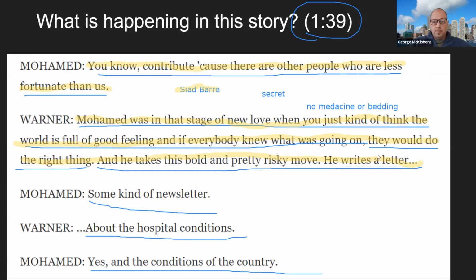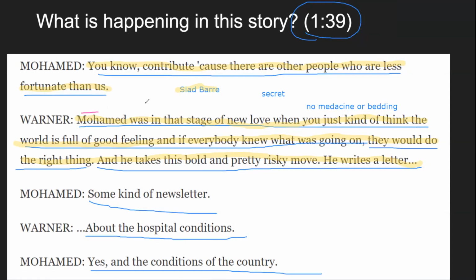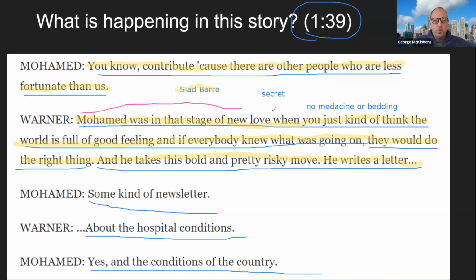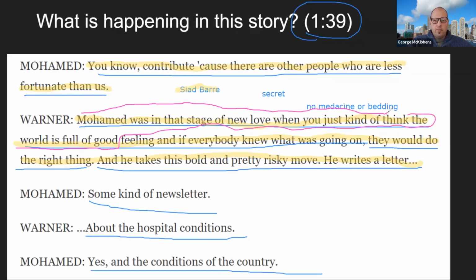Let's get into that. Let's talk a little bit about love and how that plays into the story. Muhammad was in that stage of new love when you think the world is full of good. How does love factor into Muhammad's decision making?